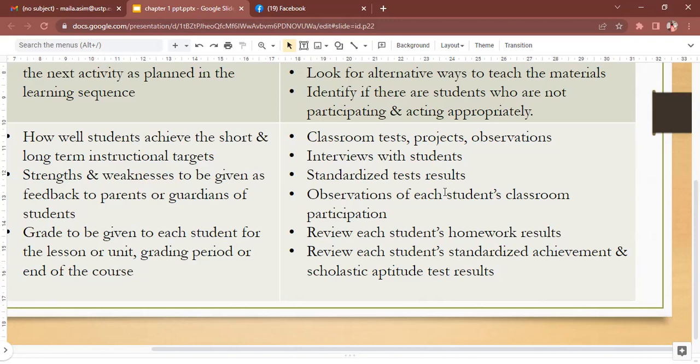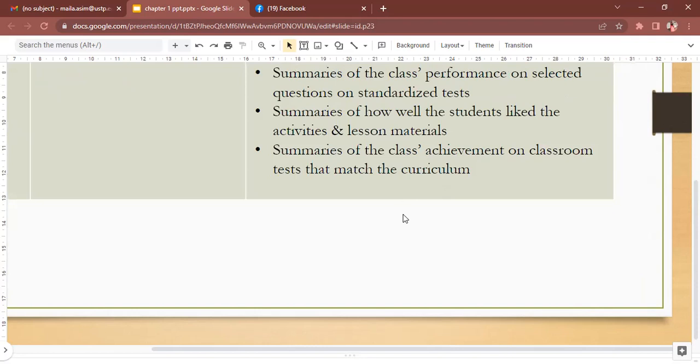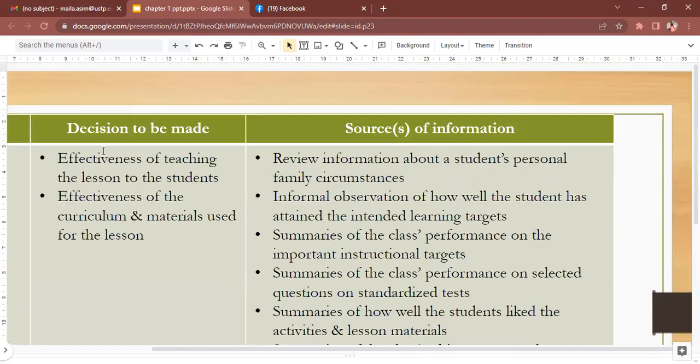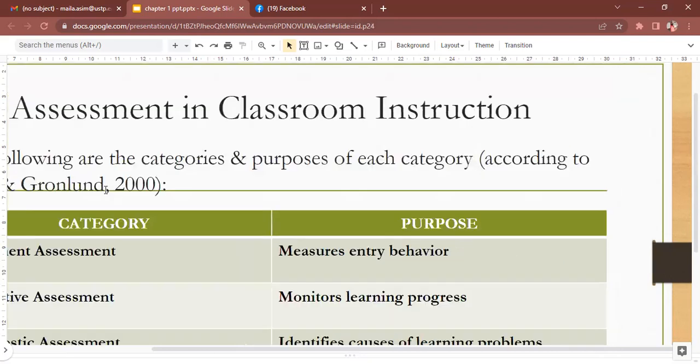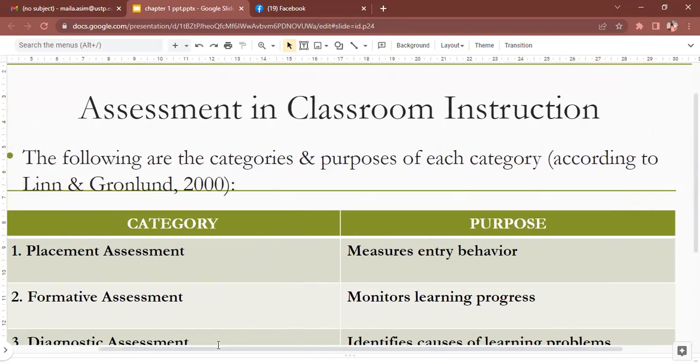So these are the things we need to remember. So they concentrate, and those I have mentioned earlier are the most common things we should observe inside the classroom. So now we have the assessment in classroom instruction.